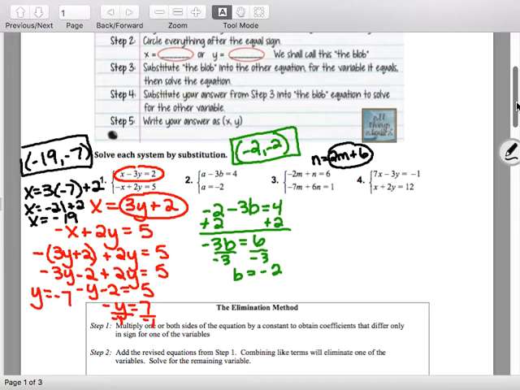On the quiz, we're going to have a quiz on Friday, and I do ask you to solve by substitution. You need to make sure that you are solving one of them for a letter. Now I'm going to plug that back into the second equation.